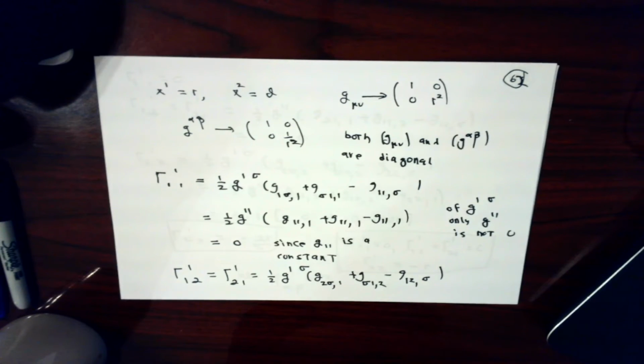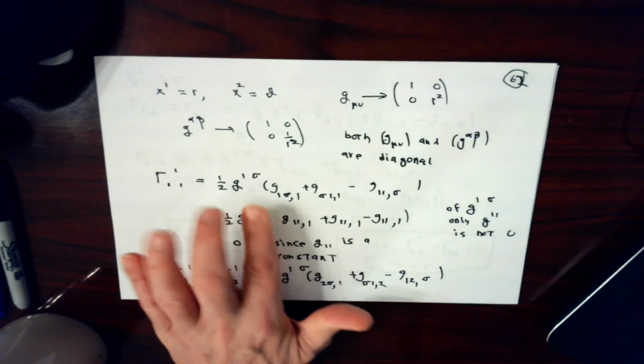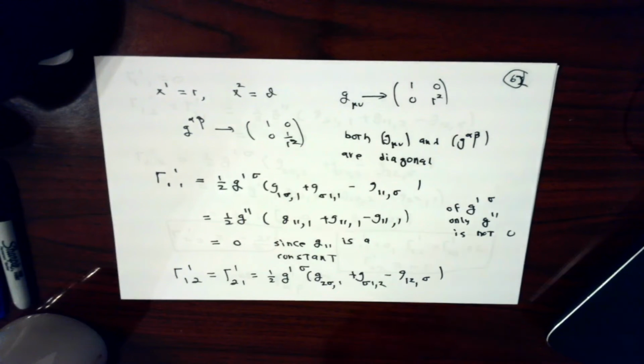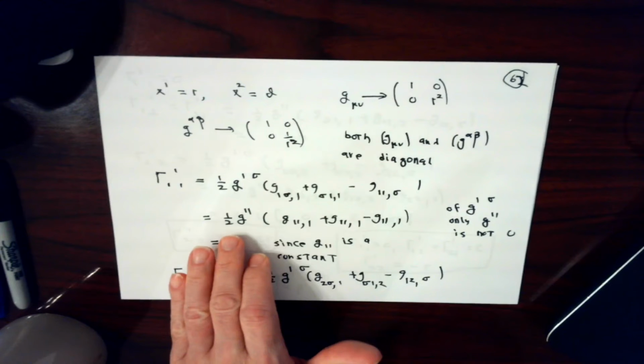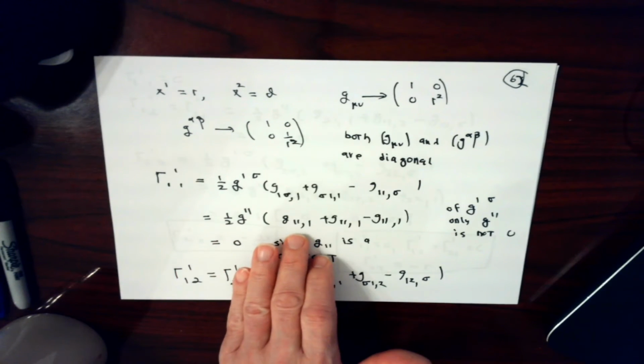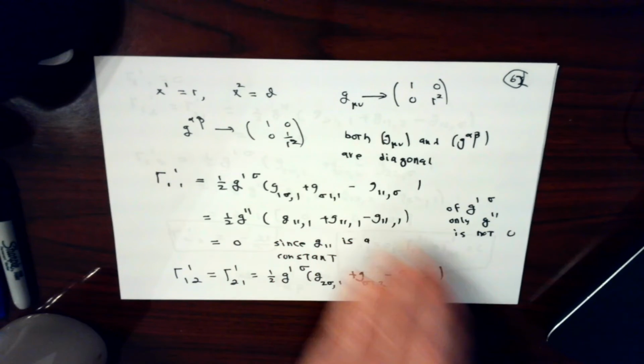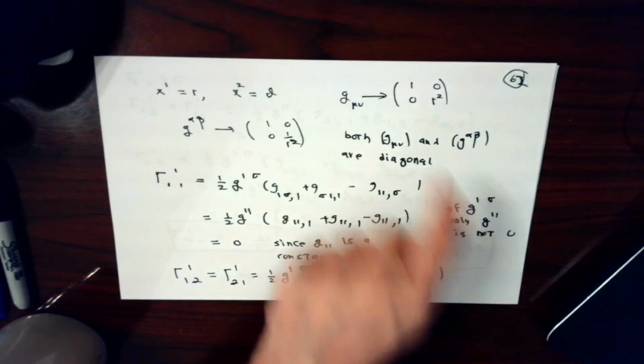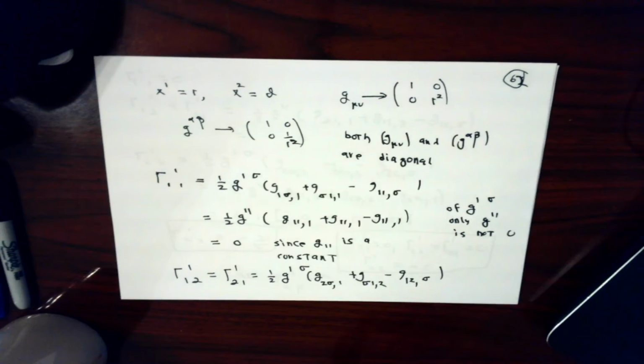Because g is diagonal, the only terms that are going to amount to anything is when 1 and sigma are the same thing. This works out to be 1/2 times 1 times the derivative of g11 with respect to 1 plus that minus that, but g11 is a constant, so its derivative is 0.